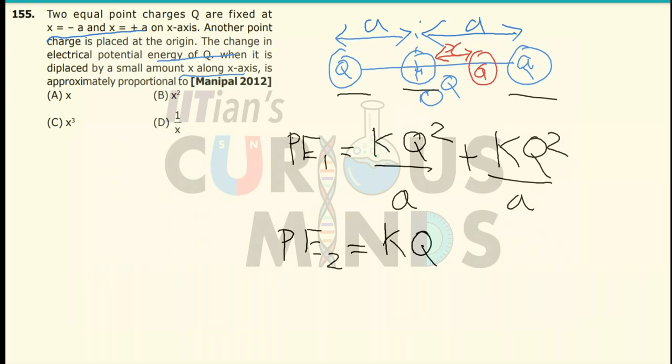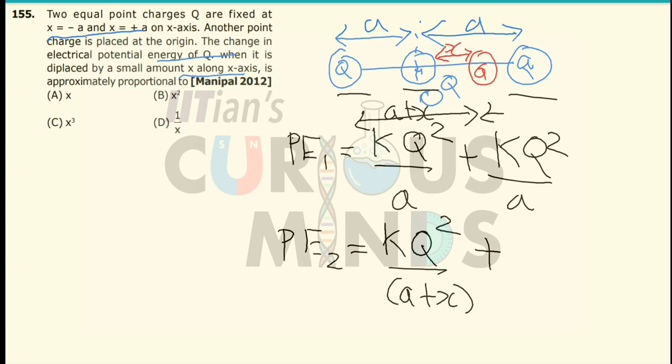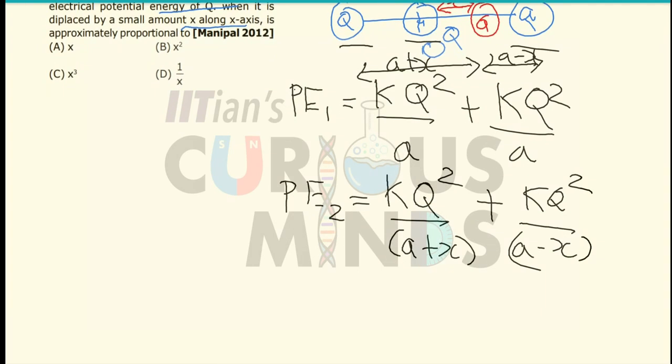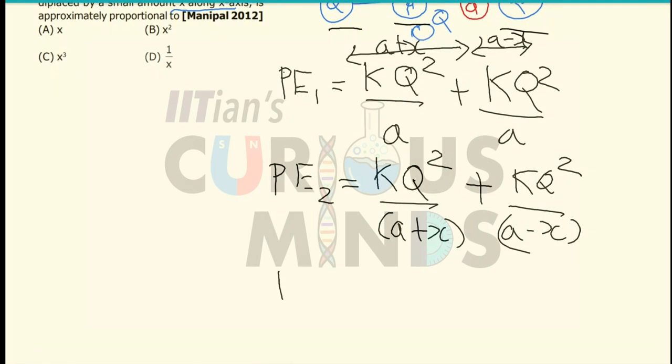Potential energy in the second case will be equal to kq squared divided by the distance, which is a plus x, plus kq squared divided by a minus x. The displacement is very small, so I will take kq squared common.